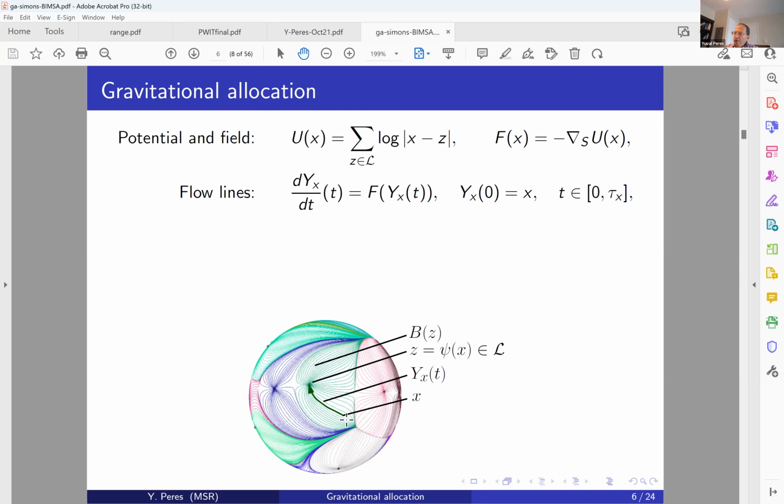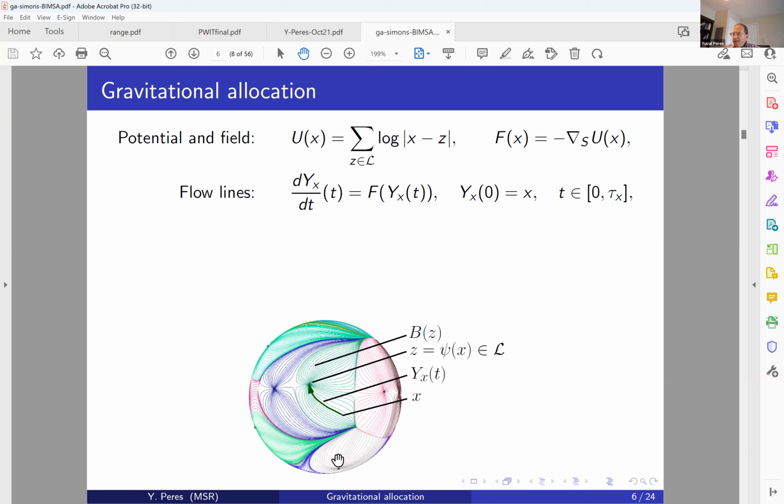From every point you solve this differential equation: you want the curve where its derivative at every time is the force applied at that time, and the potential is the sum of these potentials from all the points. So the force will be the sum of the gravitational forces applied by all the stars.